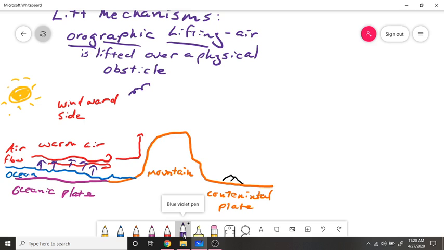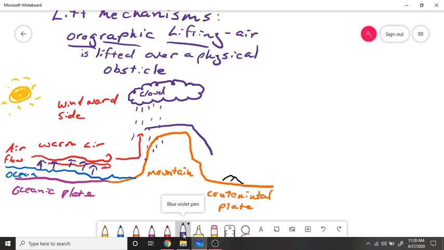We talked about as you go up in elevation, your temperature decreases. As warm, moist air is forced upward, it cools, and all of that water comes out of the air in the form of rain. And it dumps all of its water on the windward side of the mountain.